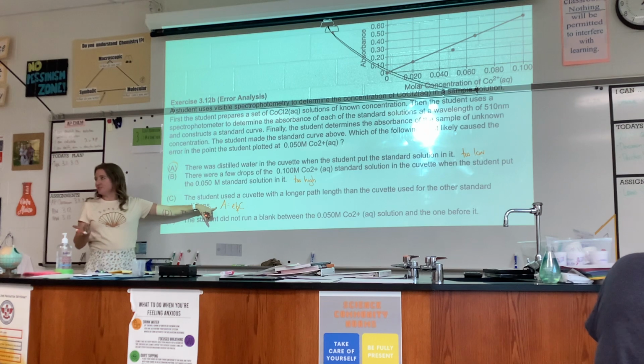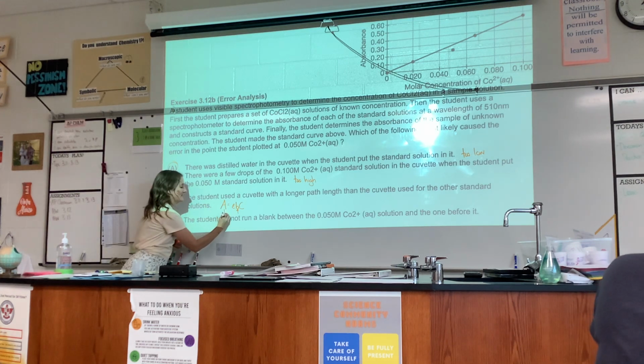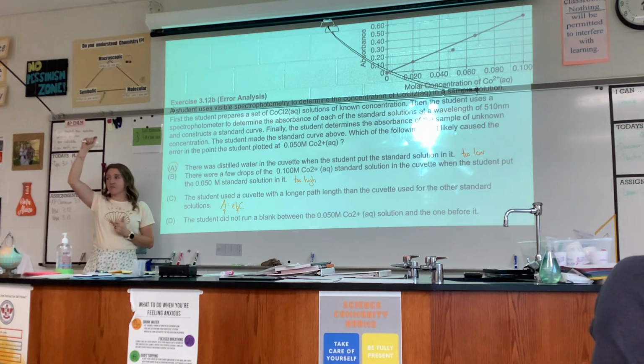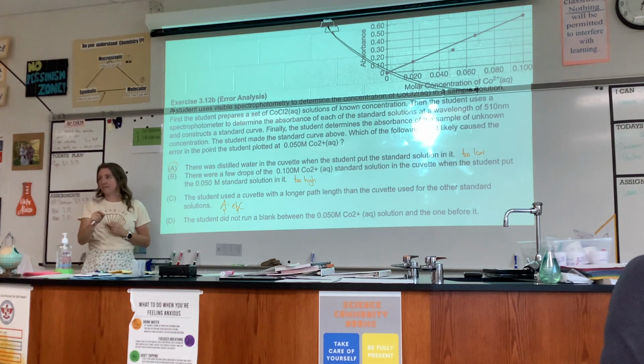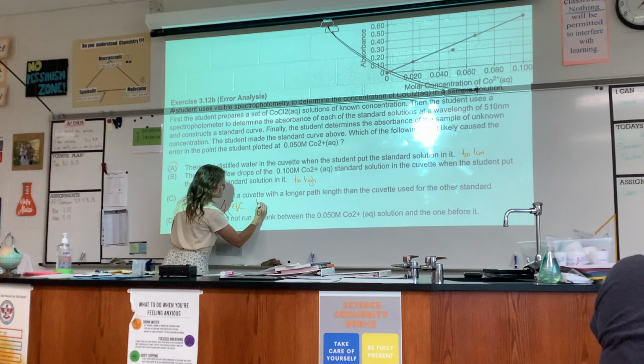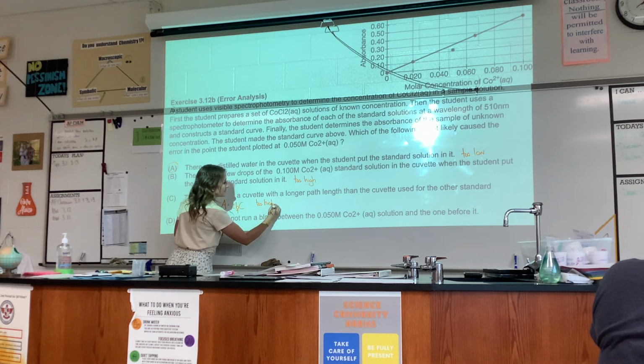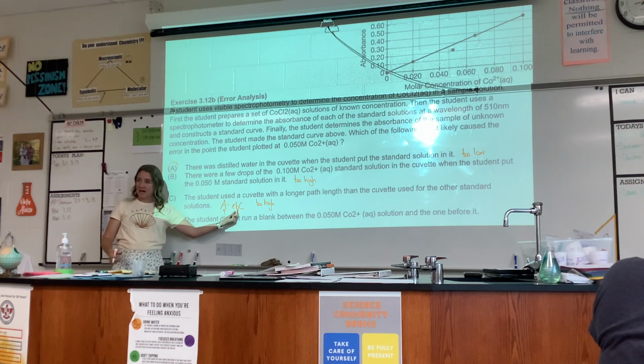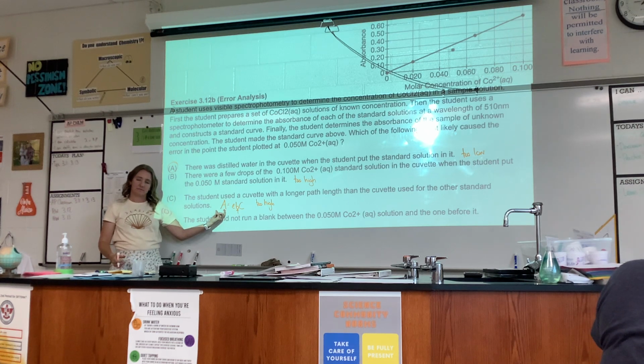It would have been too high, right? So this is another issue: if they did do that, it would have resulted in a higher error, not a lower error. So whenever you see one that's about an equation, I just think about the math and think, well, if this went up, then that would go up, okay?